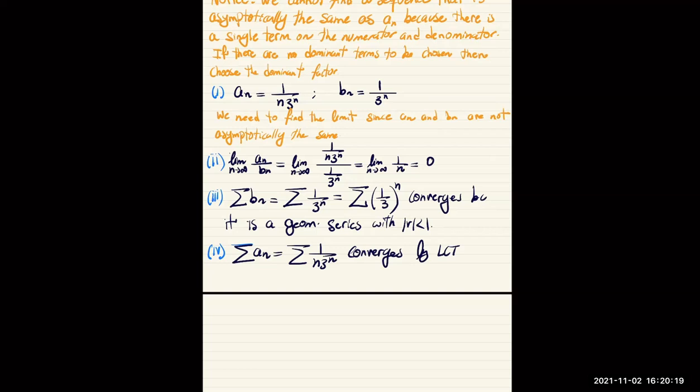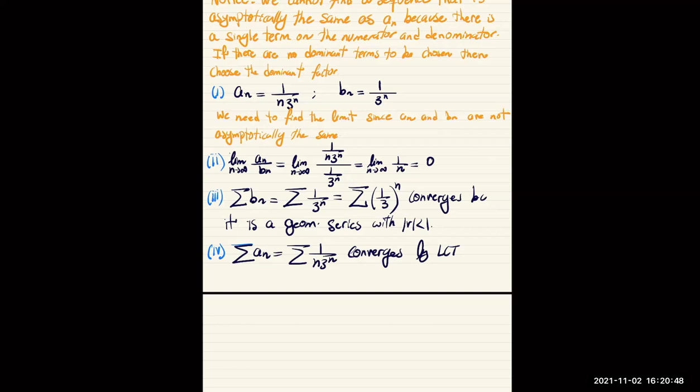The disadvantage of limit comparison, which has less disadvantage, is that it is good if you can find a sequence that behaves like your sequence in the long run. That happens if your sequence consists of terms, not factors.